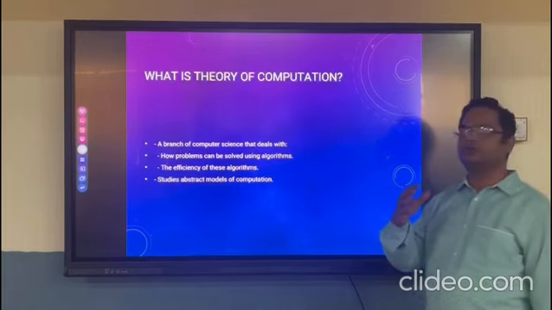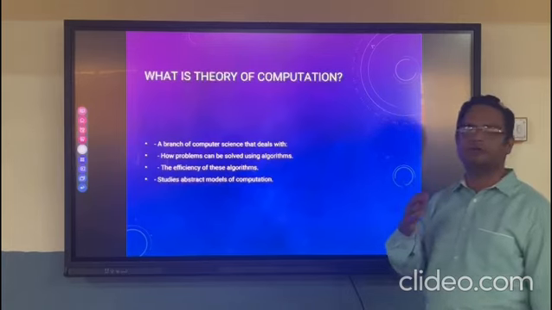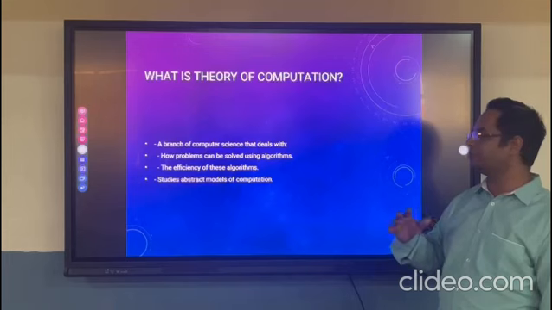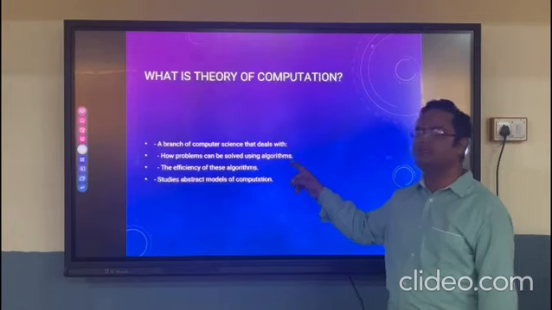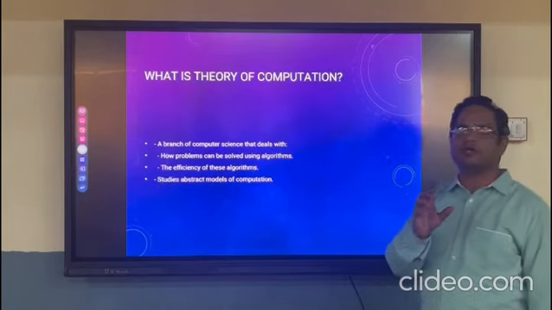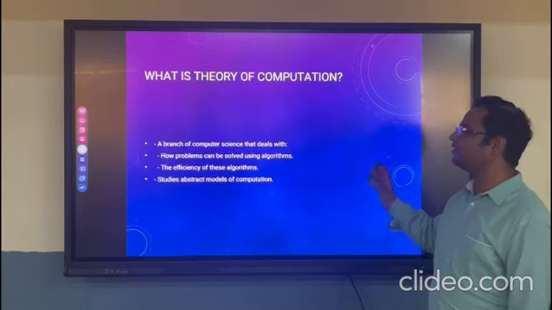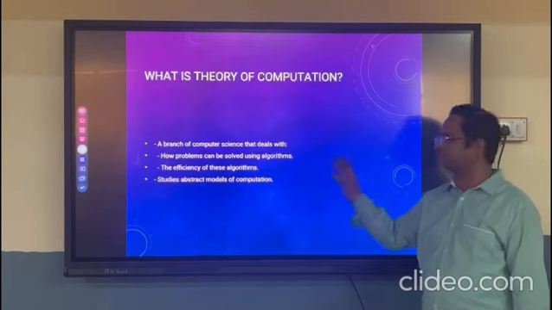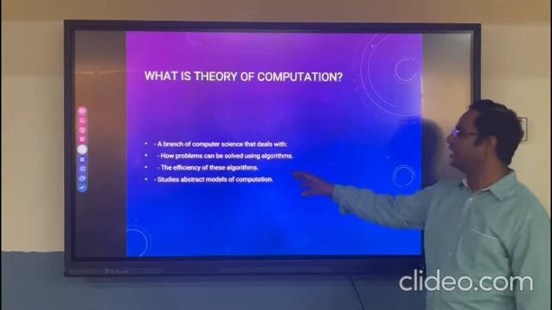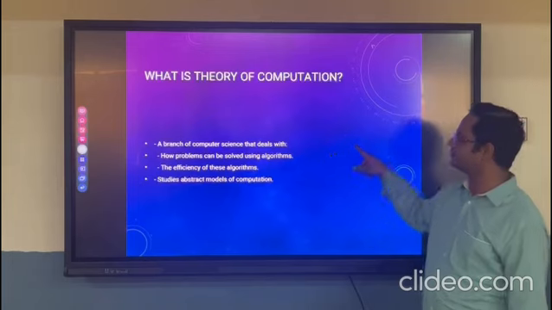We don't know what kind of problem can be solved and at which level it can be solved. And the efficiency of these algorithms: an algorithm should explain the problem resolution capacity of the system, and TOC studies abstract models of computation.